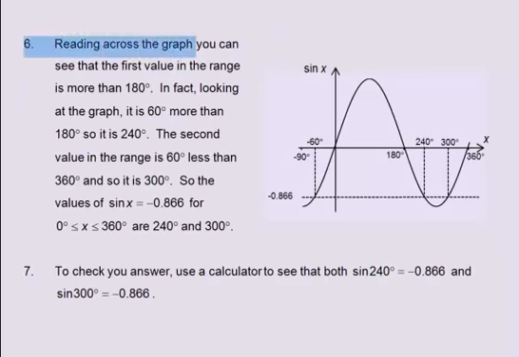Reading across the graph, you can see that the first value in the range is more than 180 degrees. In fact, looking at the graph, it is 60 degrees more than 180 degrees, so it is 240 degrees.